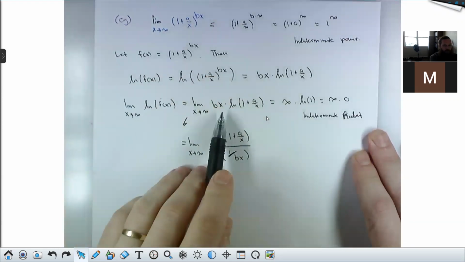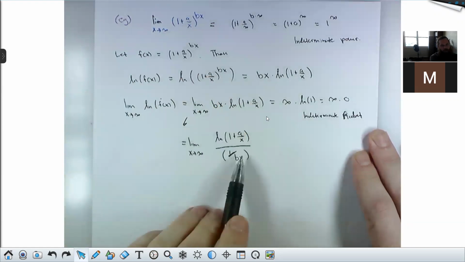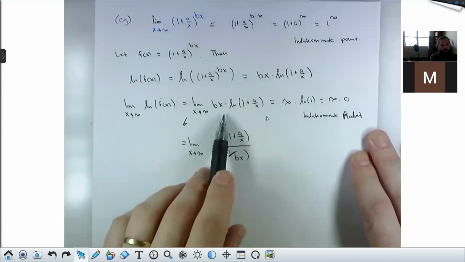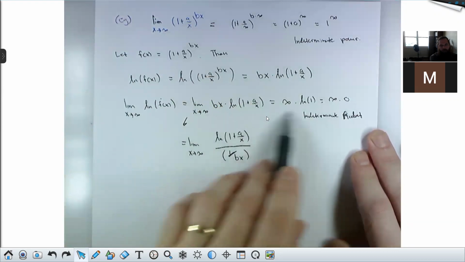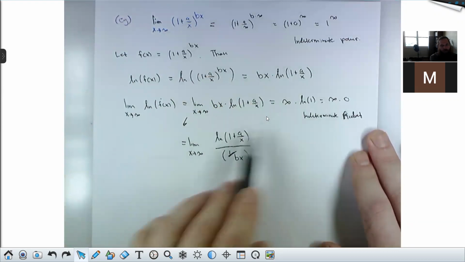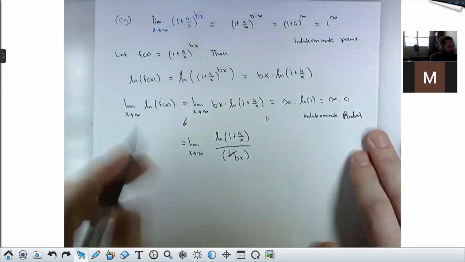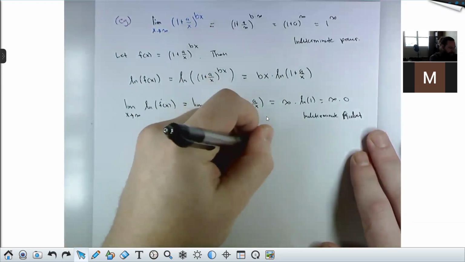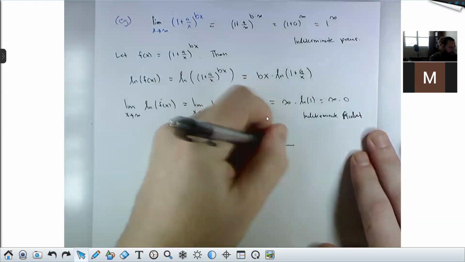So this bx, I can shove downstairs as 1 over bx. And I'm doing that because this is the piece that goes to infinity right now. If I flip it over and shove it downstairs, that piece is now going to go to 0.